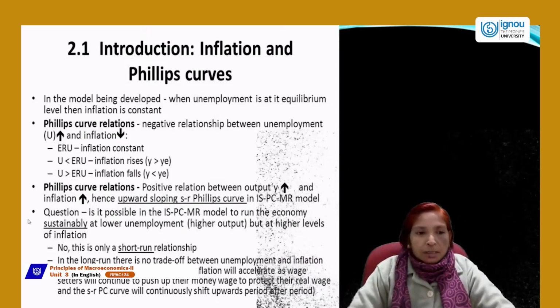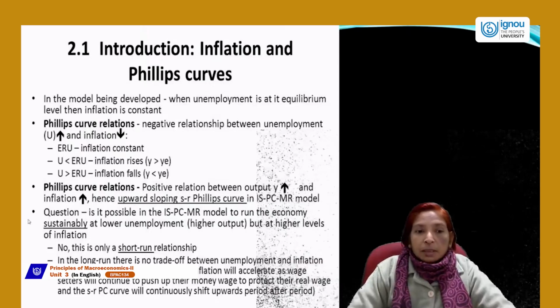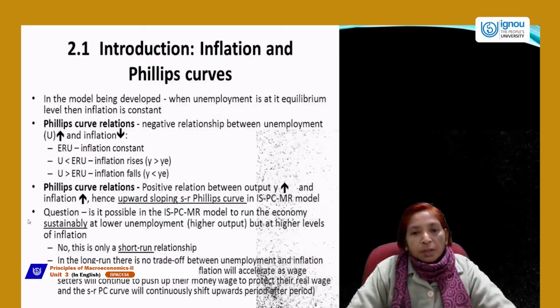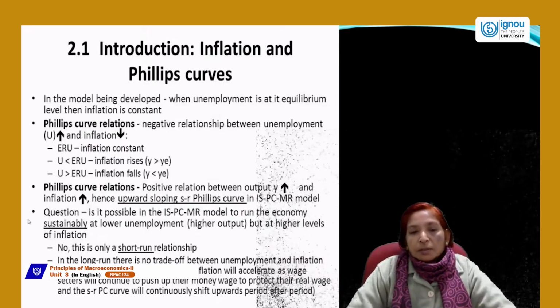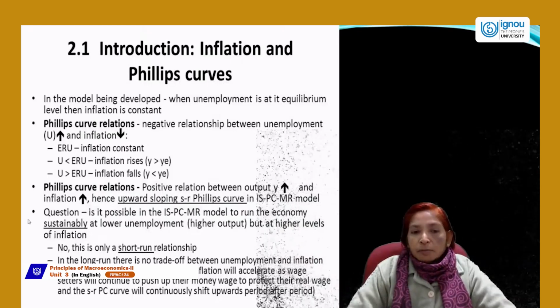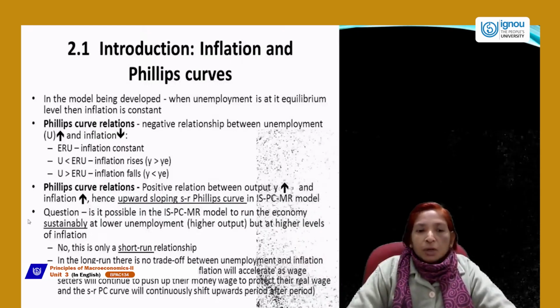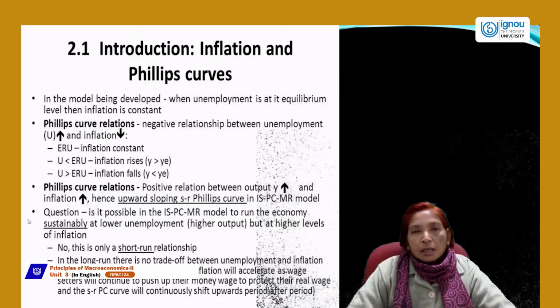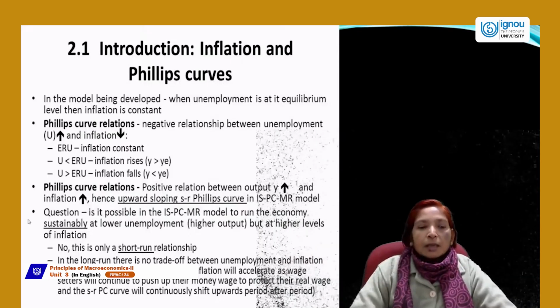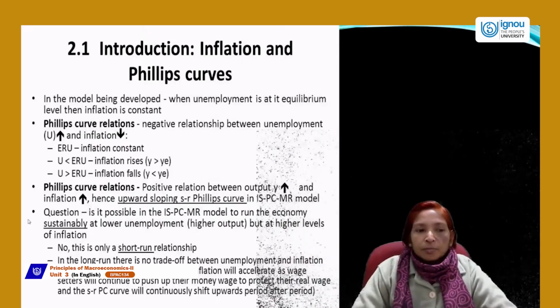Now the question is, is it possible in the Phillips curve model, the short run Phillips curve model, to run the economy sustainably at lower unemployment, higher output, but at a higher level of inflation?